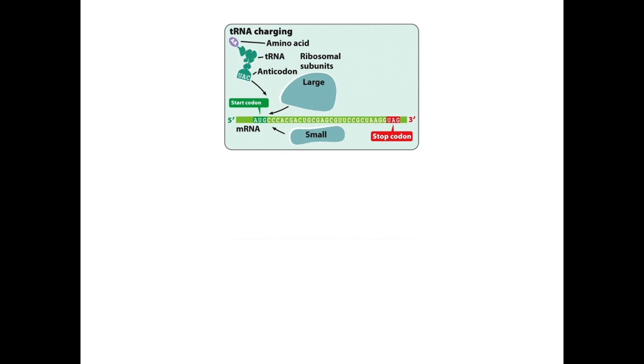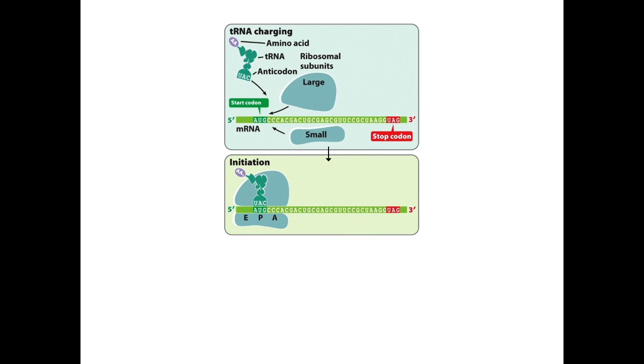So here's a summary of how translation works in bacteria. You have tRNA charging, so the tRNAs are associated with a particular amino acid. Initiation begins where the small subunit of the ribosome binds first, and then the large subunit of the ribosome binds second, through the work of different initiation factors, and the methionine is in the P site.